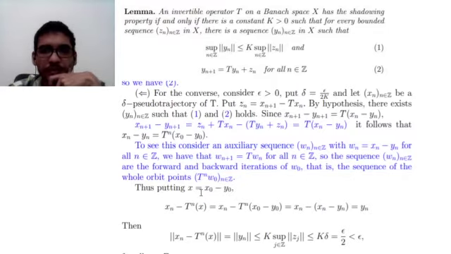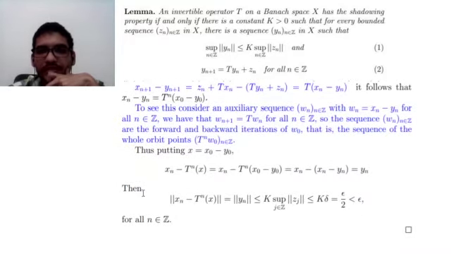So you can put x equal to x_0 minus y_0, and making the substitution here, you have this, and it is equal to y_n.